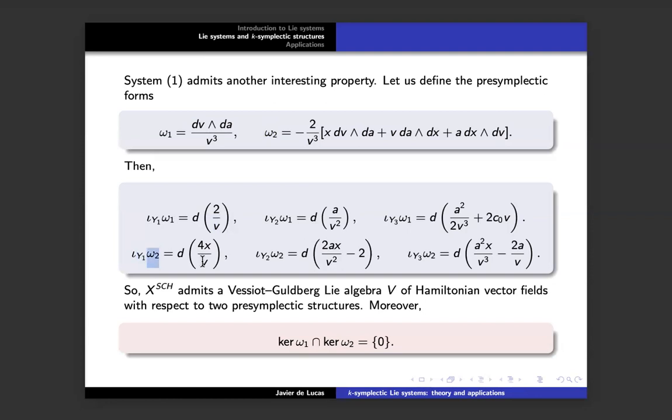So when you have what we call a Hamiltonian vector field relative to a k-symplectic structure, this vector field will have a so-called k-Hamiltonian function. It's not the thing Xavi did last week. It's a little bit different.